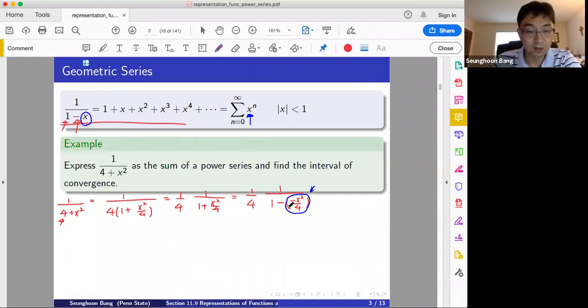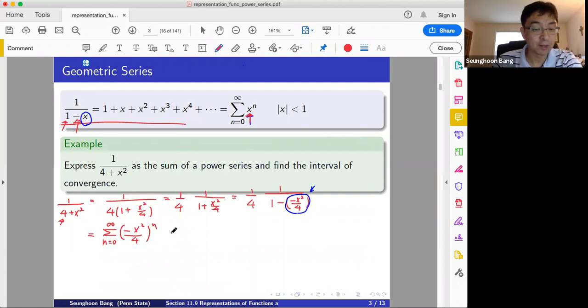This is the same as summation n equal 0 to infinity. You plug negative x squared over 4 into here, to the power n, and simplify.